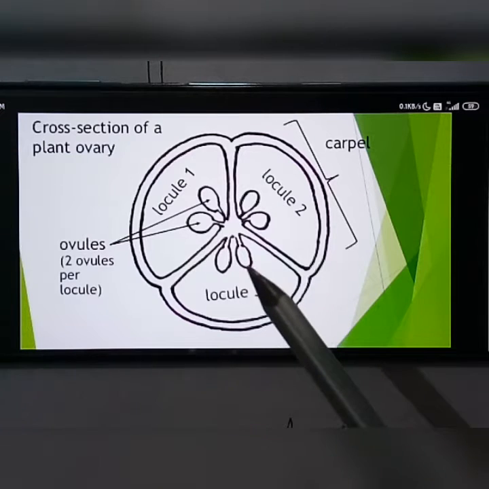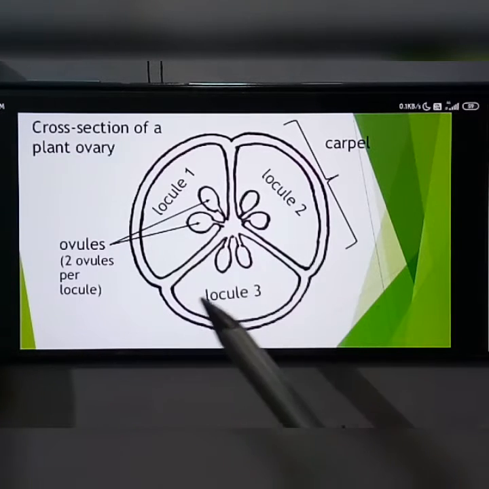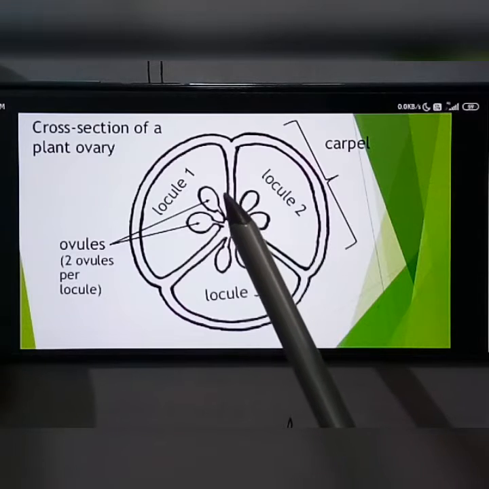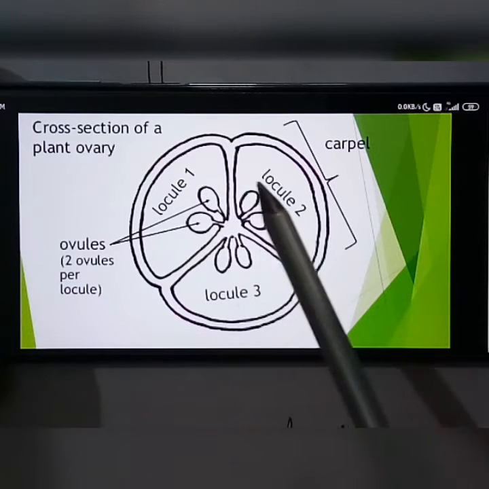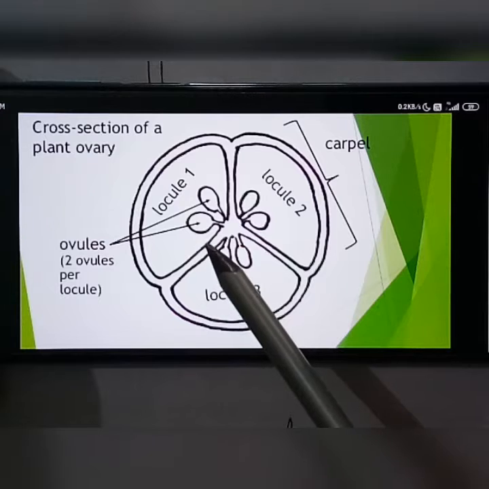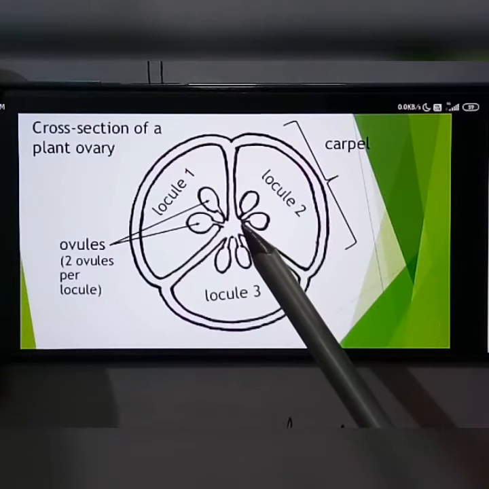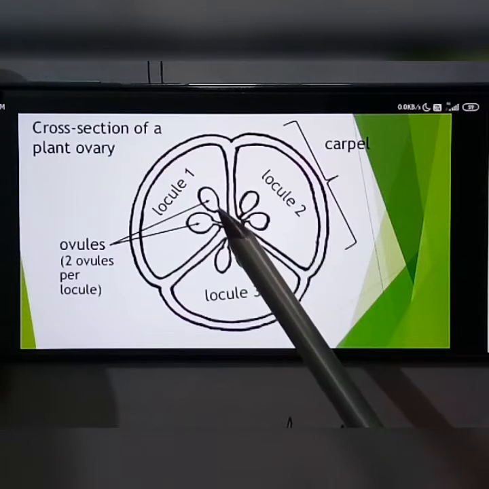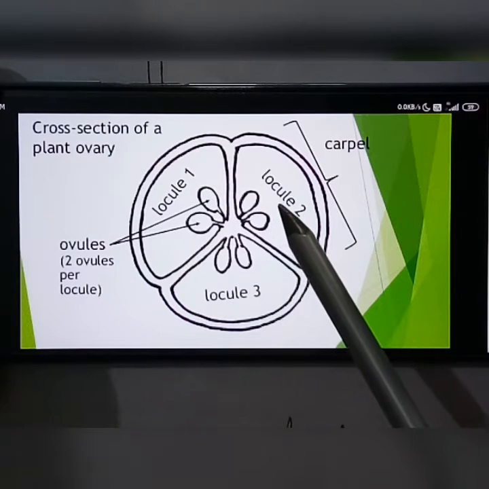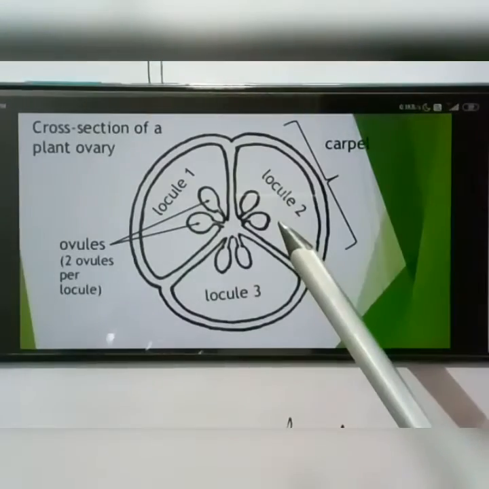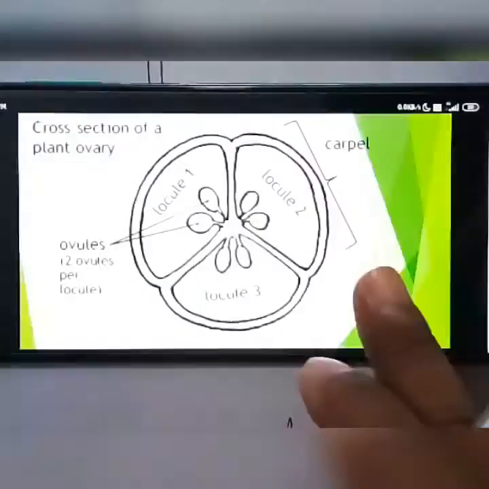Let us see this figure, the cross section of a plant ovary showing a number of locules: locule 1, 2, 3. Inside the locule is the placenta, and at its tips it produces ovules. In each locule there may be a single ovule or more than one ovule.